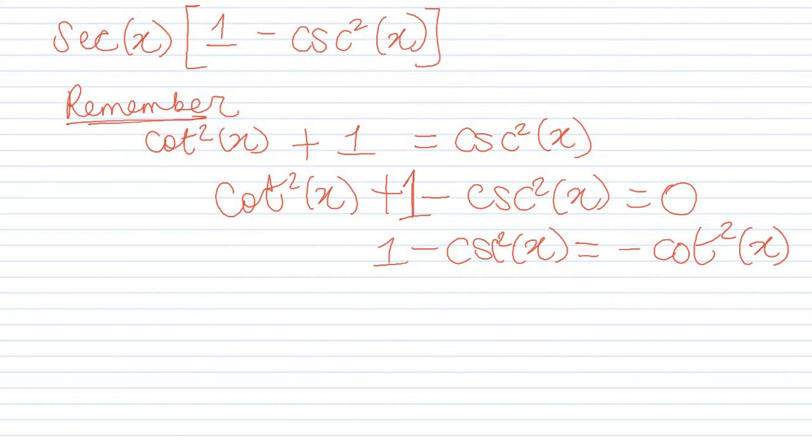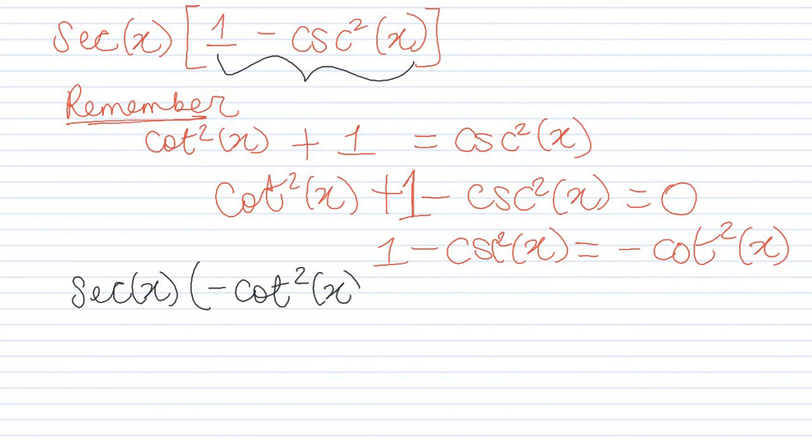So we can substitute this and make our work neater. So we end up with secant x multiplied by negative cotangent squared of x.